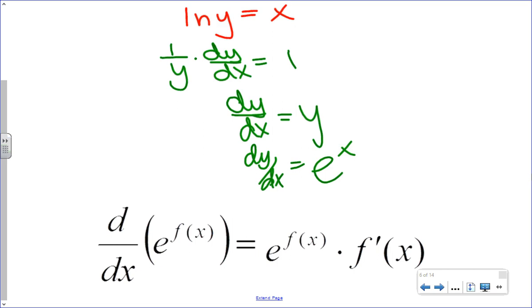Okay? So I like to call this the copy-paste derivative. If you have e to the x, copy-paste, your derivative is e to the x. If it's e to a function, copy-paste, then apply the chain rule.